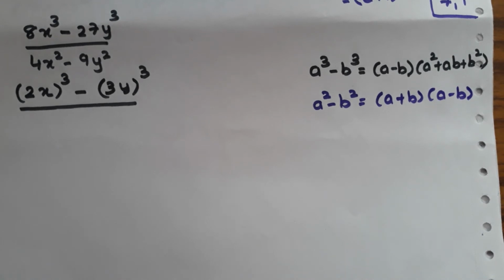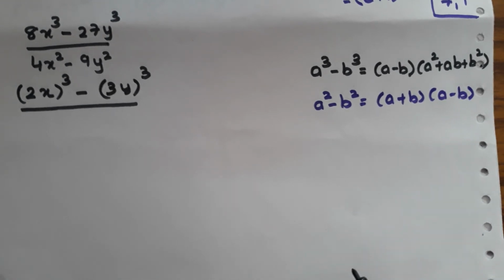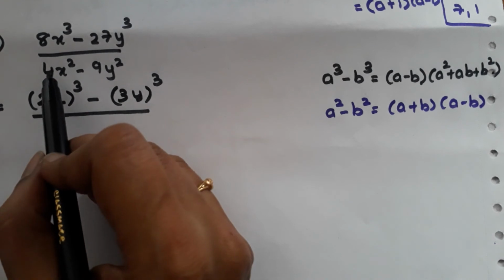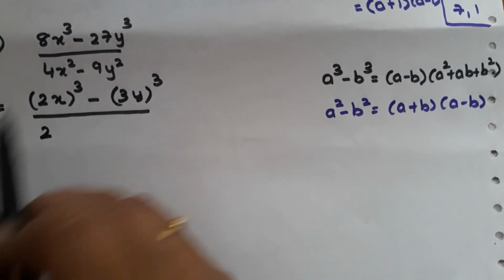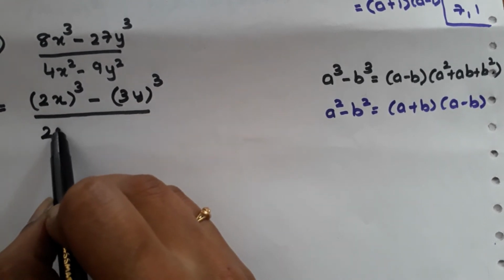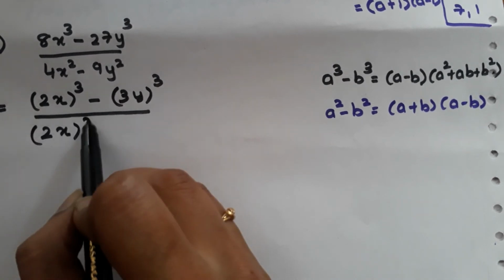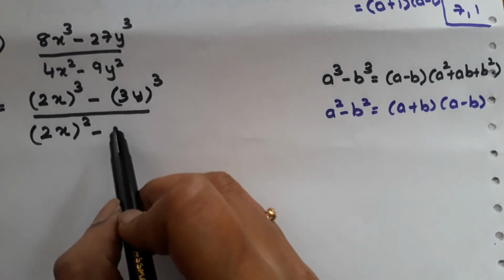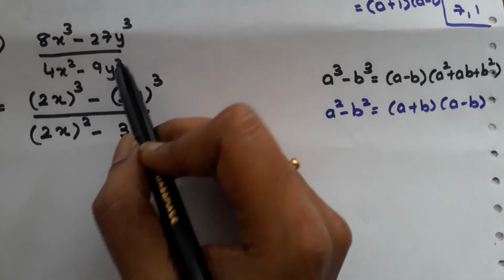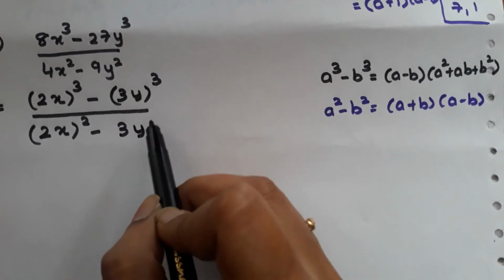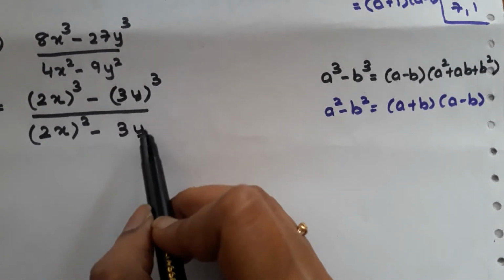But first you have to write both the terms as a square of an expression. 4 is square of 2, x square is square of x, minus 9 is square of 3, and y square is square of y.